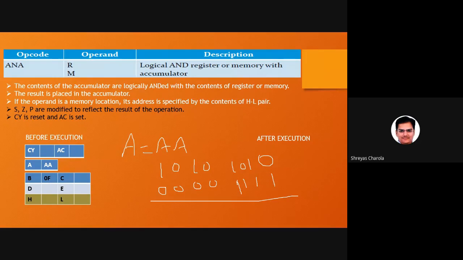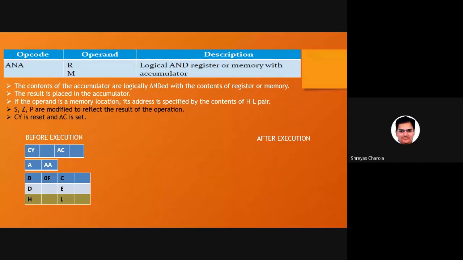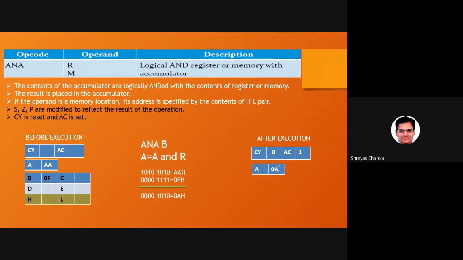B9. Very good. Okay, let's check. 0A is the correct answer. Simple AND gate: 1 0 1 0 AND 0 0 0 0 1 1 1 1. What is the answer? 0A. How did you get B9, Jaishankar? Simple AND gate operation. So the accumulator contains 0A.